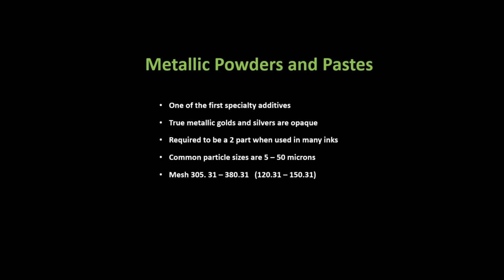Many of these special effects inks will have extremely large particles. This slide indicates that metallic powders and pastes can have particles up to 50 microns. Some of the other specialty inks will be much larger than that.